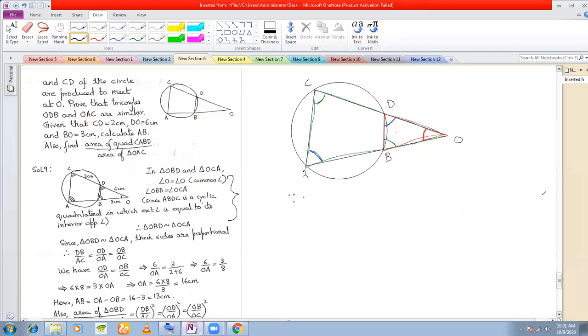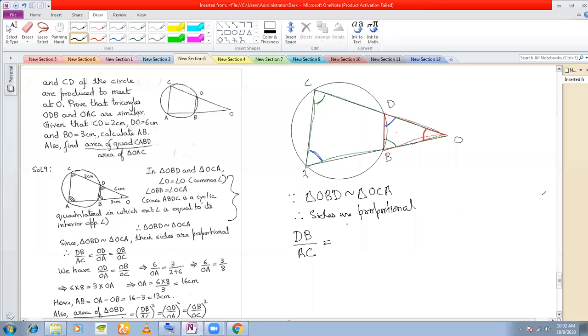Since triangle OBD, the smaller triangle, is similar to the bigger triangle, triangle OCA, therefore sides are proportional. Let us write the proportional sides. Opposite to the red angle in the smaller triangle, you have the side DB. Opposite to the red angle in the larger triangle, you have the side AC. Next, we consider the blue angles.